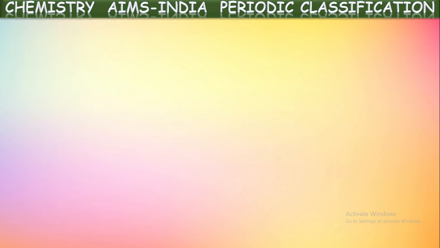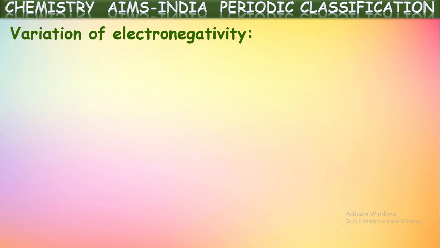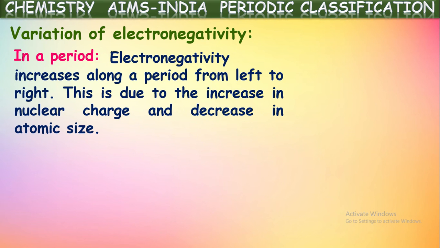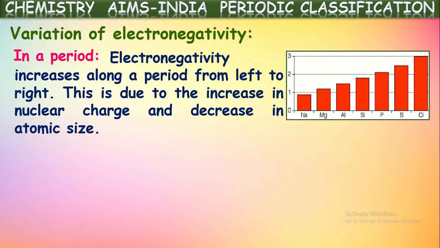Now let us see how it trends in the periodic table. Variation of electronegativity: in a period, electronegativity increases from left to right. Why? Because of the increase in nuclear charge and decrease in atomic size. As size decreases, nuclear charge increases, and hence the tendency of pulling the electrons increases.